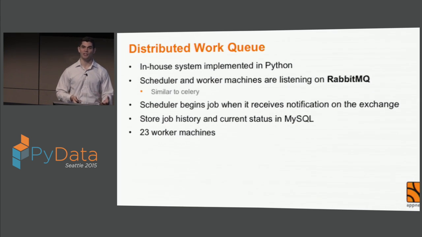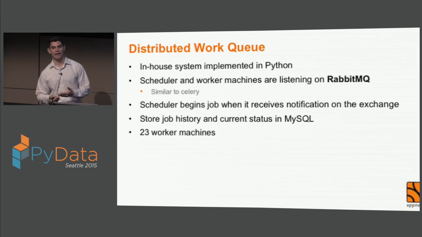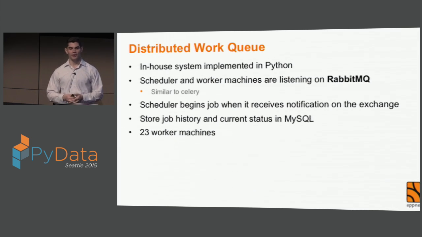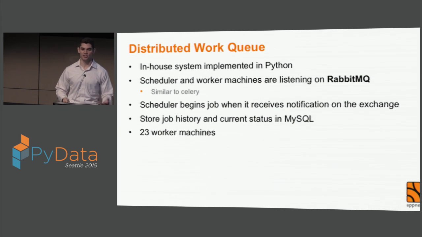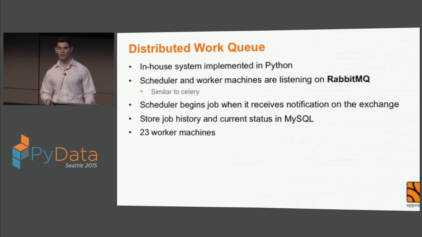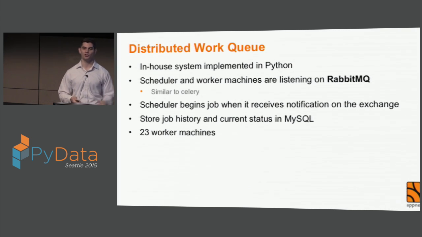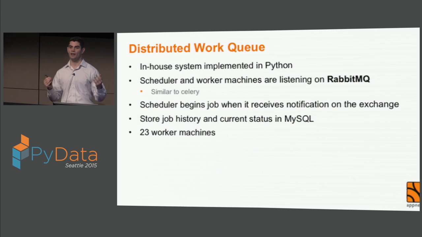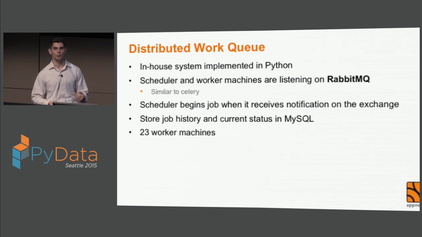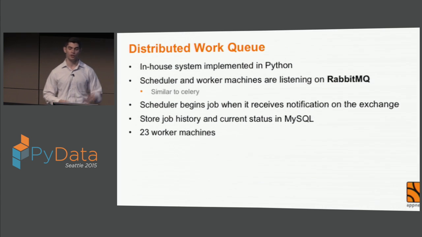It's very similar to Celery, another distributed task system built in Python that you might be familiar with. Our scheduler begins a job when it receives a notification on the Rabbit Exchange. Besides spinning off tasks to do the computation, it also stores state information in MySQL, so we always have a global view of exactly what is running and a history of what's run and when.